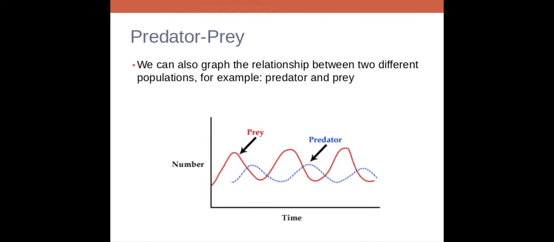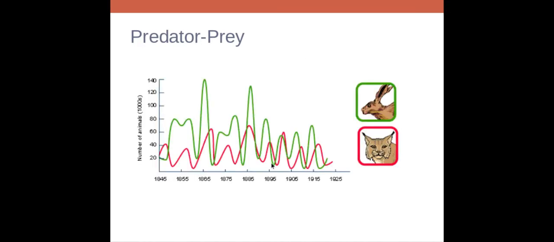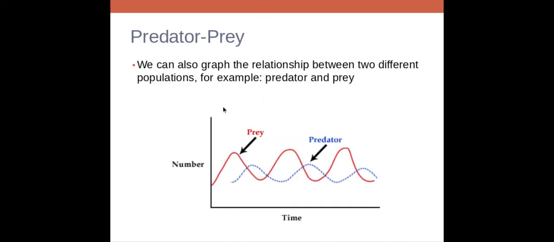The last type of graph that you are going to see this week is a predator-prey graph. We can graph the relationship between two different populations, like predator and prey, and this gives us an idea of how these two populations are related to each other. What do you notice in this graph?